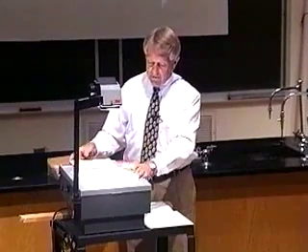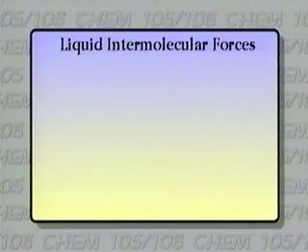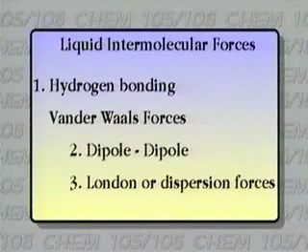Well, we can categorize them into two major categories with a couple of subcategories. The first, or strongest, of the intermolecular forces is called hydrogen bonding. We'll take a look at this in just a minute.